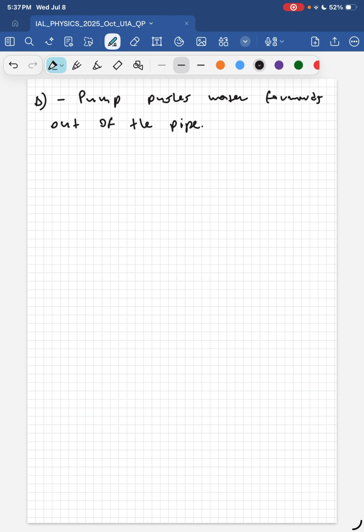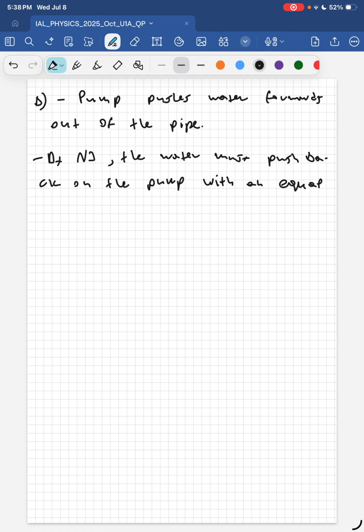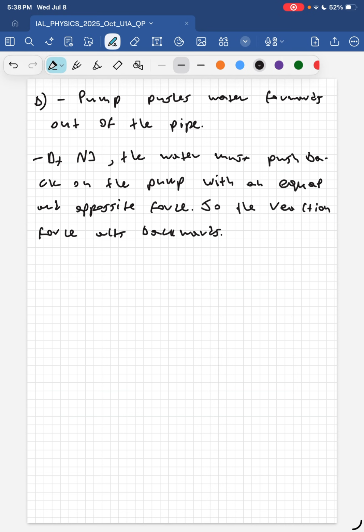By Newton's third law, the water must push back on the pump with an equal and opposite force. Okay, so the reaction force acts backwards. And that's the answer.